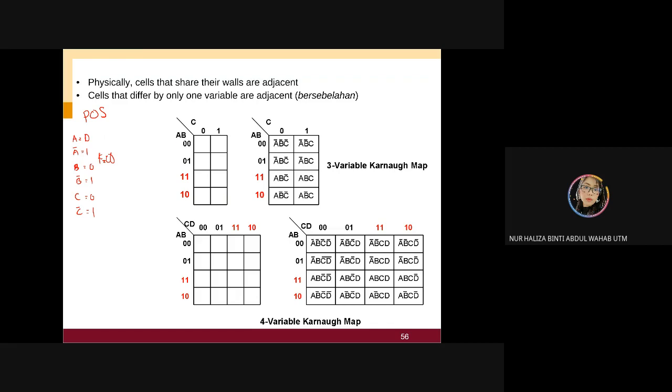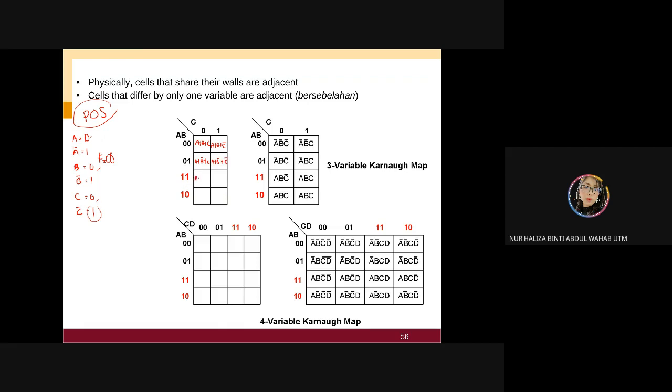Okay, now you're going to have 0, 0, 0. What is 0, 0, 0? You have A plus B plus C. Why is it plus now? Because it is POS. Cell number 2, I have A plus B plus C bar because my C is 1. Now I have over here A plus B bar plus C. Here A plus B bar plus C bar.